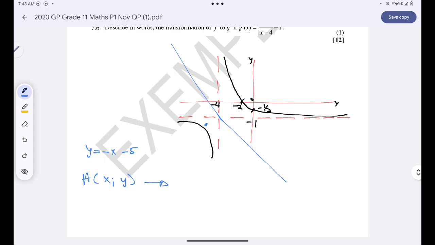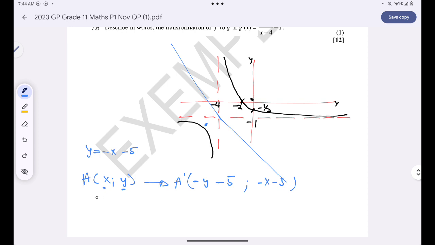So your final answer should be the image of A. You need to take this y value and change its sign, negative y minus 5, and then take this x value, change its sign, negative x minus 5. This is how you get your reflected point, right?